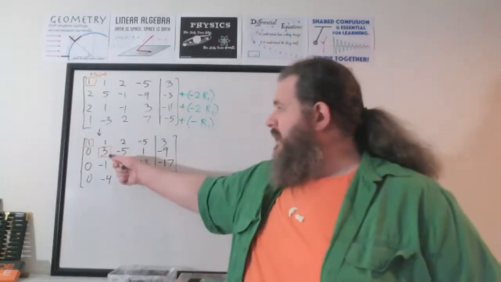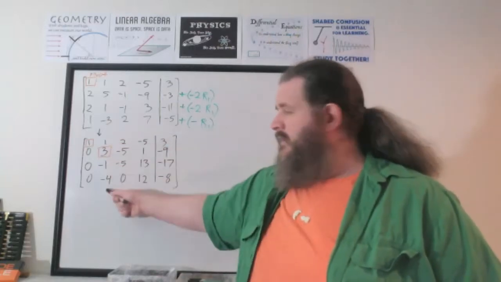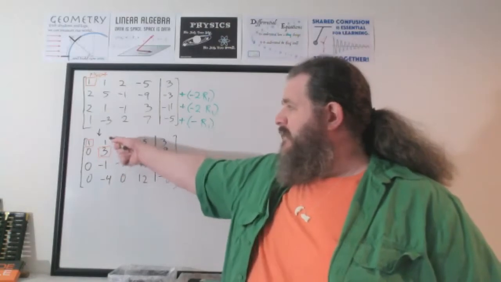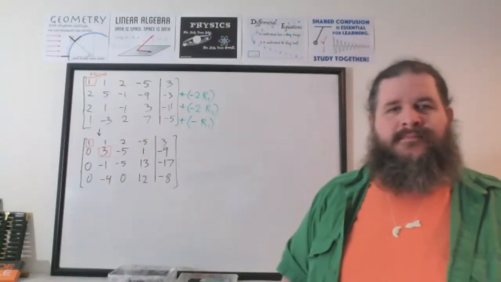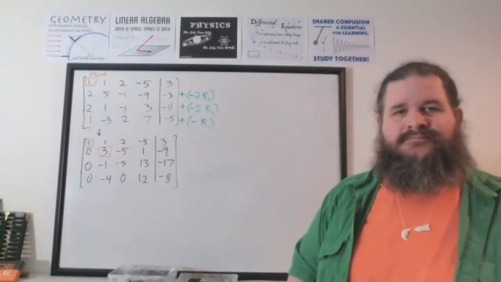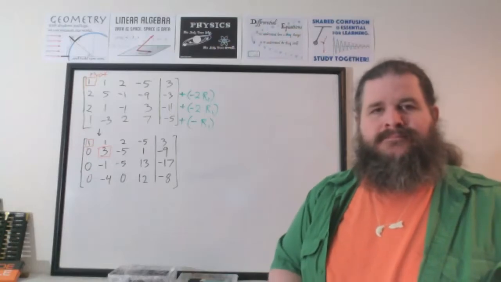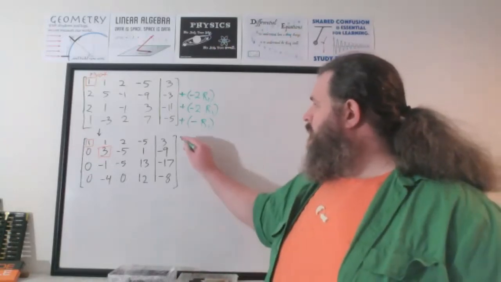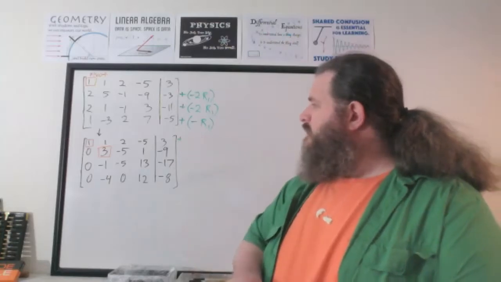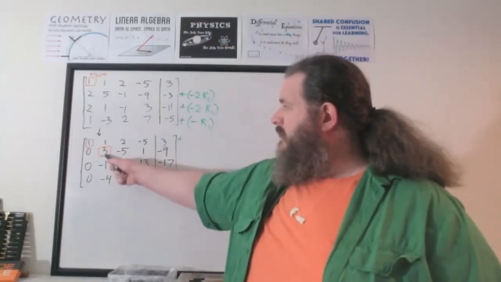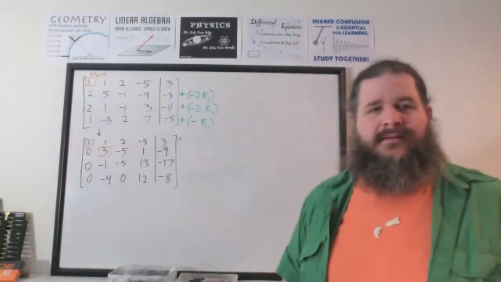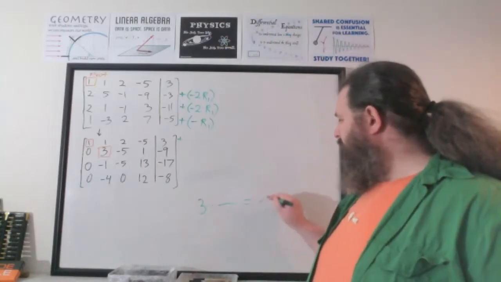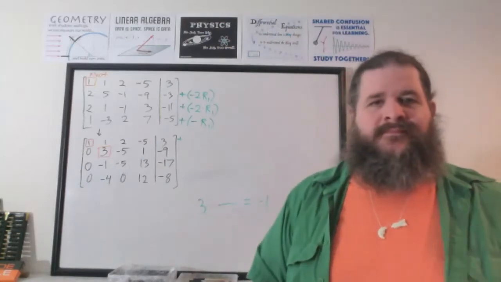We would use this 3 to eliminate the 1, the -1, and the -4. So for instance, what multiple of 3 would cancel out a 1? Well, what would you have to multiply 3 by to get something that cancels out a 1? 3 times what would cancel out a 1? 1/3.